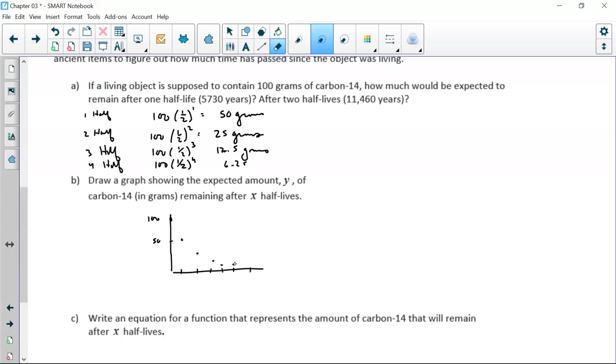No matter what, we would never reach 0. We're going to get very close to it, but we're never going to quite reach it. So what's going to happen is our graph, we can connect it because we can have those years in between, but we never get to y equals 0. We have that horizontal asymptote. No matter how many times you cut it in half, you're going to get very, very small, but never quite to 0.